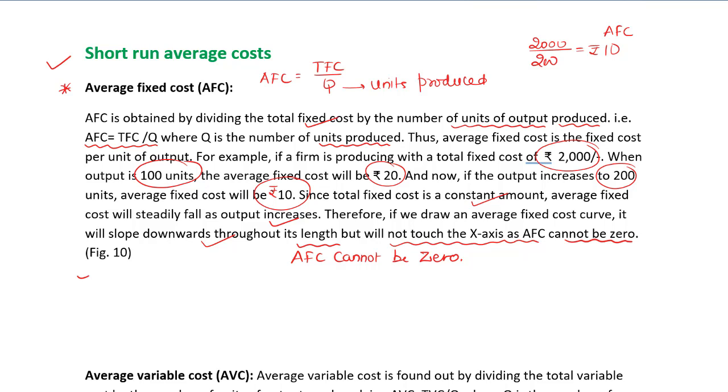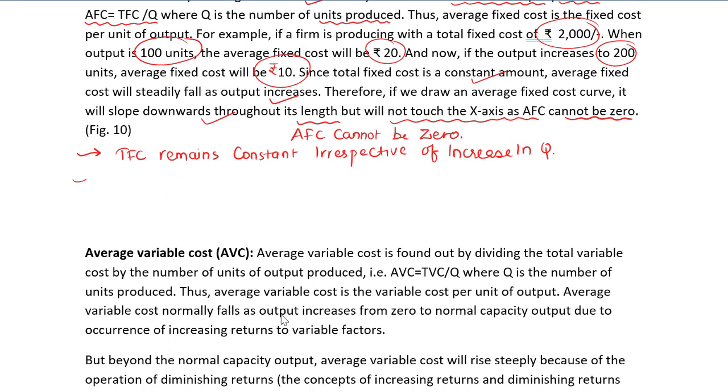So over here we can say that TFC remains constant, irrespective of increase in quantity produced, denoted by the capital letter Q. So AFC is inversely related to quantity.